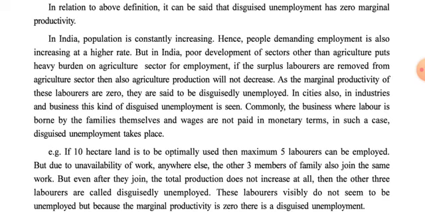Day by day this ratio is decreasing, but still the majority of the population even today is dependent on agriculture. And the main reason behind this is that poor development of sectors other than agriculture, either the industrial sector or the service sector, is not able to offer the maximum number of employment to the people who are demanding employment.